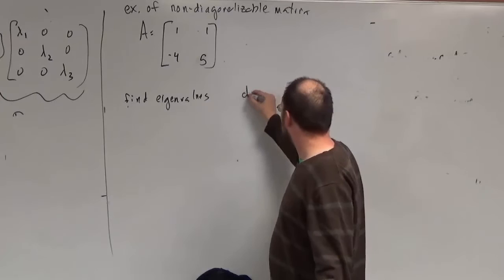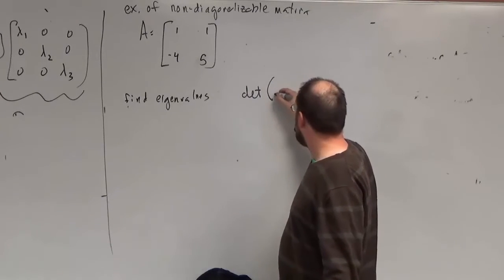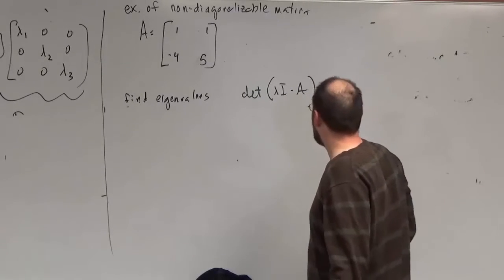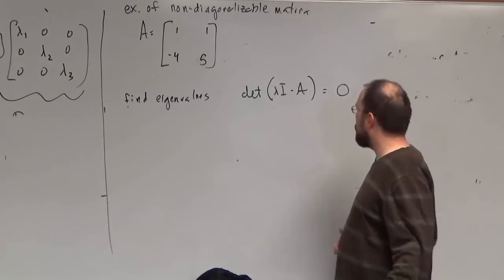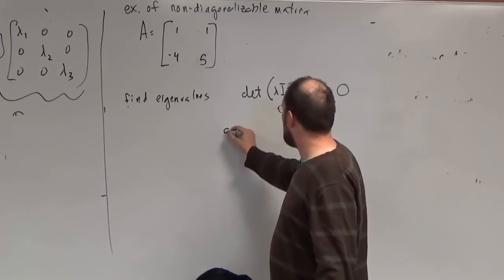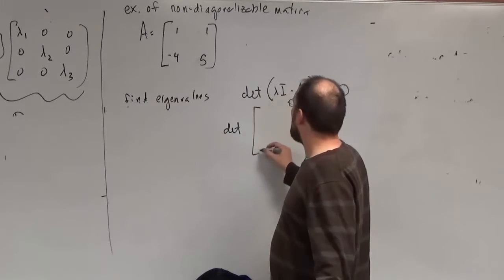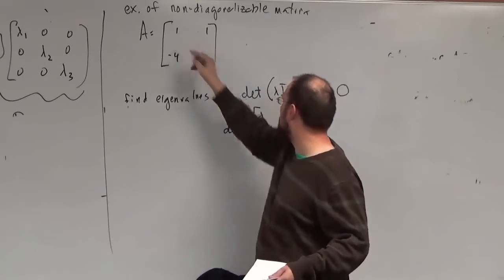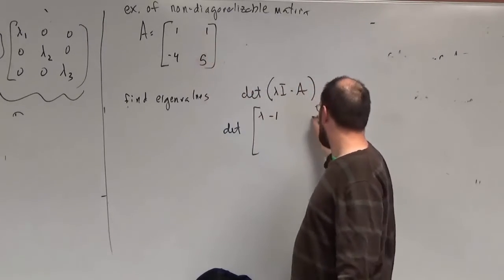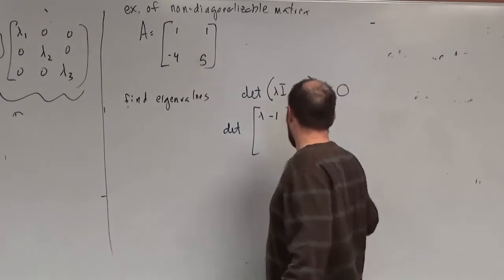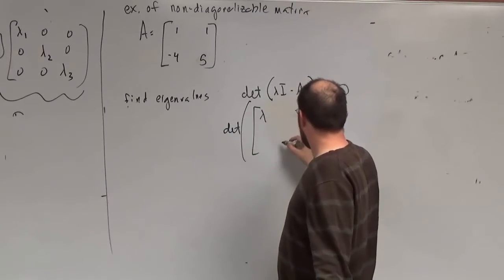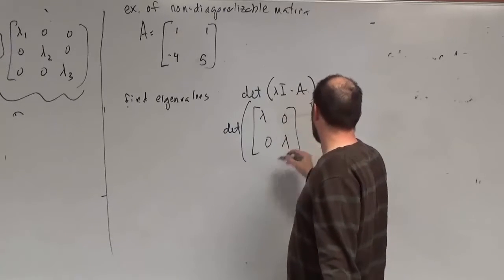So we compute the determinant of lambda I minus A. We set it equal to 0. Get the characteristic polynomial, set to 0, and solve for lambda. So let's see, we get the determinant. We have lambda minus 1, right? Then minus that entry. Oh, maybe I should write it out if you haven't seen it before. So, okay. Lambda times the identity looks like this.